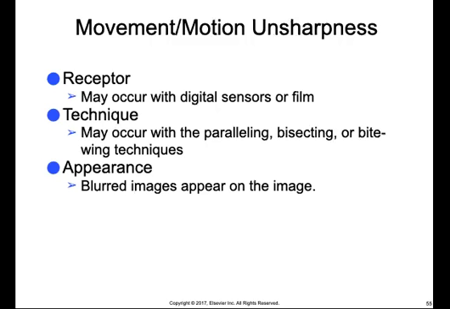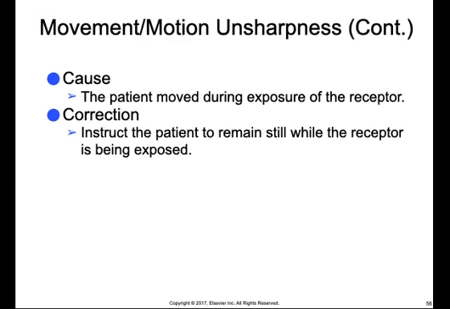Movement or motion unsharpness can occur with digital sensors or film, and it can occur with paralleling, bisecting, or bite wing techniques, and it'll appear as a blurred image on your receptor. And the cause is that either the patient moved or your PID was drifting during the exposure.